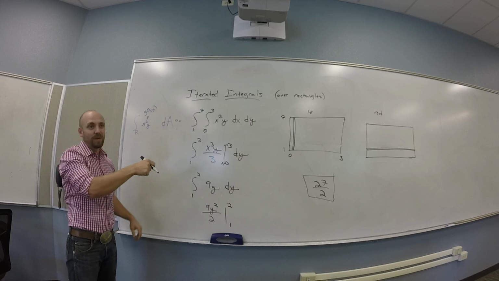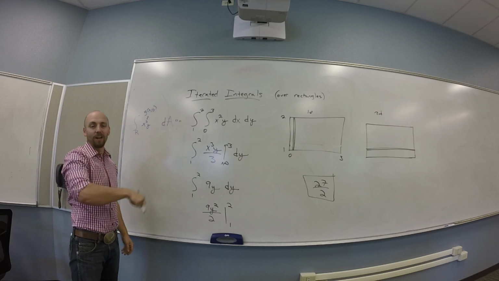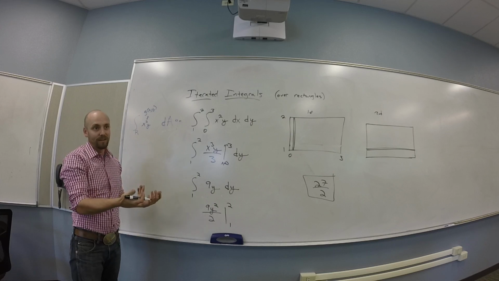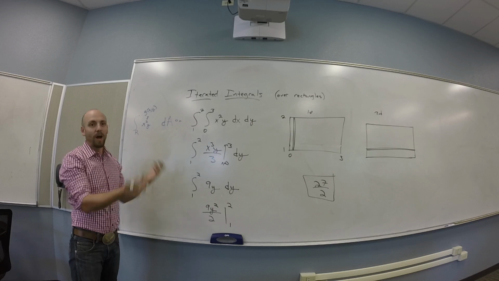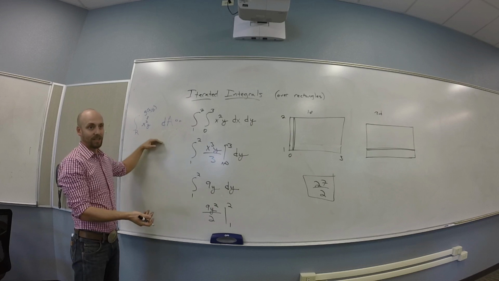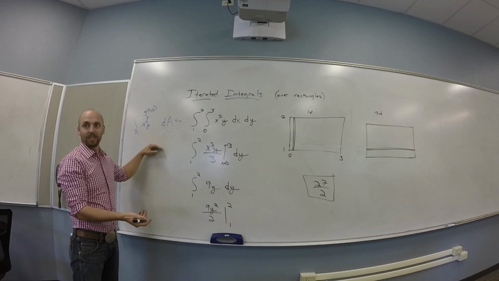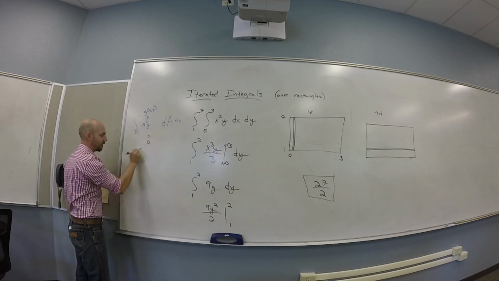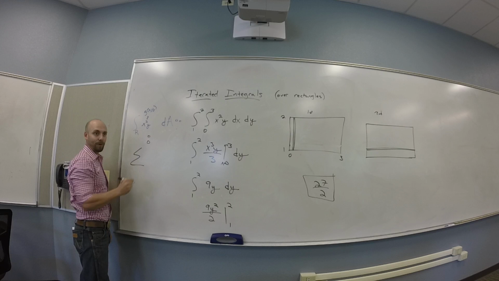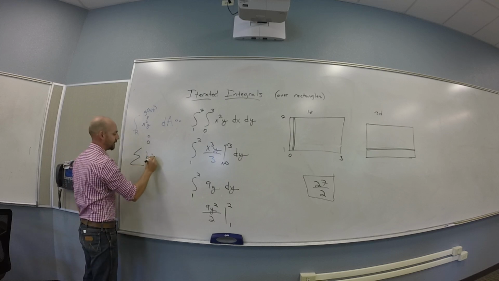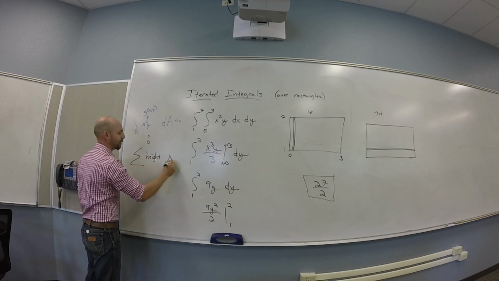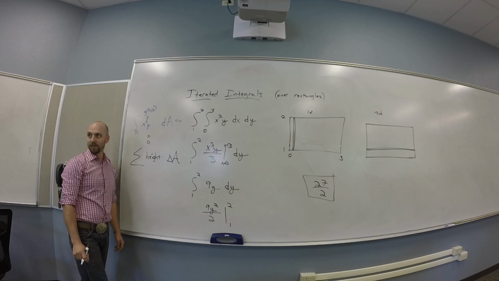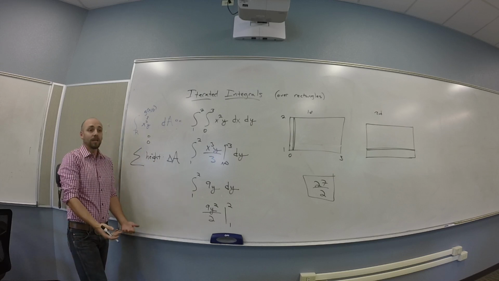I took little x bits and little y bits, and then I added either the columns or the rows first. Doesn't actually matter, right? But somehow I get a realization for area out of this thing. You guys see that? This whole idea is just you're going to sum up a bunch of little heights times some kind of change in areas, right? However you do that is up to you.